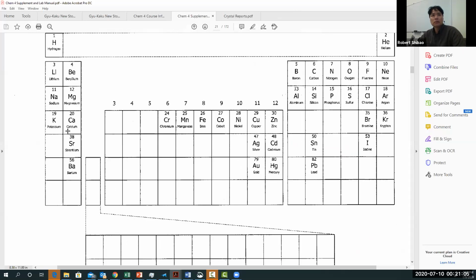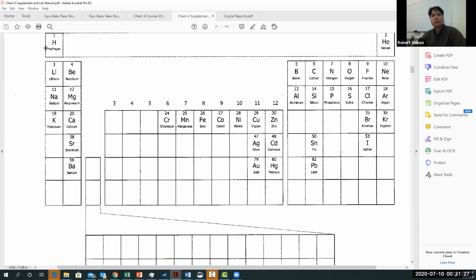So I want calcium, and then what did I have here? Scandium, titanium, vanadium, and then zinc, and then gallium, germanium, arsenic, selenium.